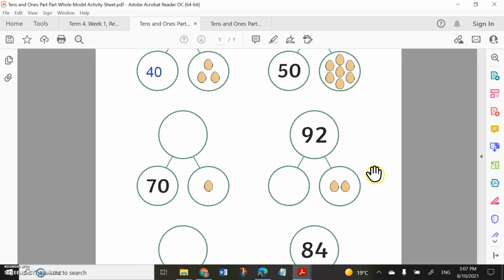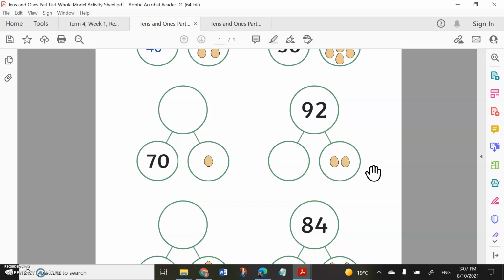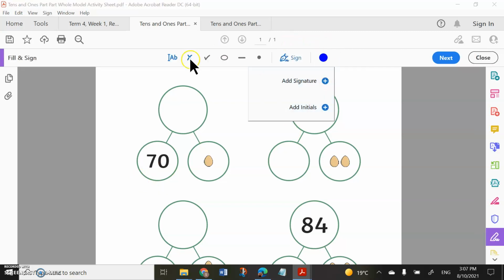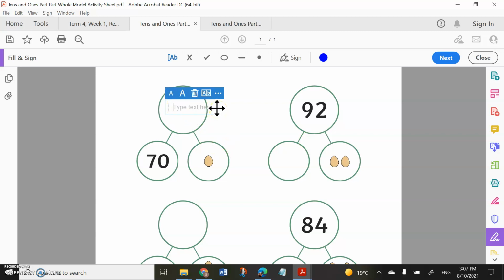Let's go down to the next one, guys. This is another one where the number's missing and we have to work it out with the clues given. What have we got here? We've got the number 70. And the 7 is in the tens column, isn't it? So we can put that in straight away because we know that it's 70 something.